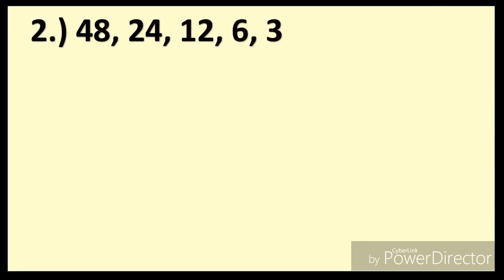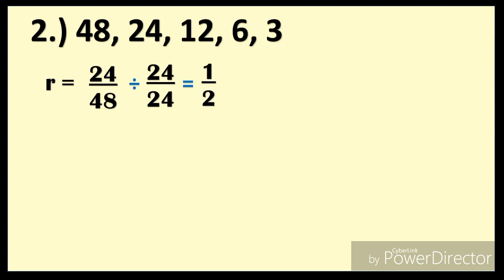Okay, now let's have number 2: 48, 24, 12, 6, 3. To find the ratio, we divide the second number by the first number. 24 divided by 48. We cannot divide evenly, so we simplify by dividing both numerator and denominator by 24. It is equal to 1 over 2. Let's try another one: 12 over 24.